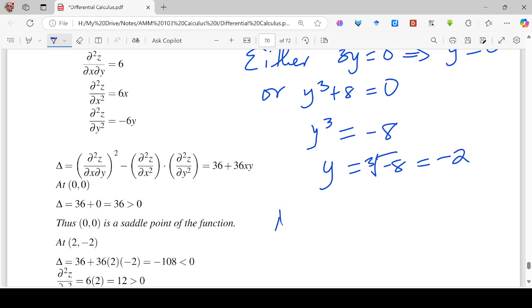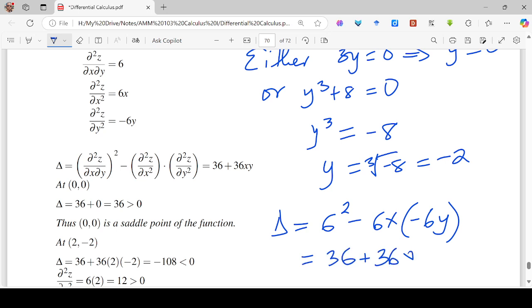So we see that delta will be 6 squared minus 6x times minus 6y. So this is 36 plus 36xy.